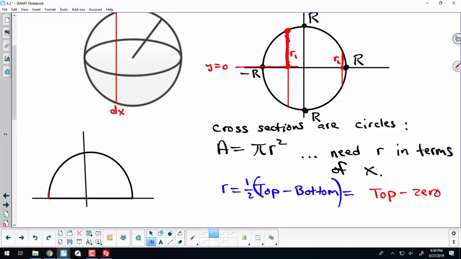So what is the equation that describes this boundary right here? Or what is the equation that describes our entire boundary, that full circle over there? X squared plus y squared equals... Yeah, right, it's just a circle, radius capital R, centered at 0, 0. X squared plus y squared equals capital R squared.